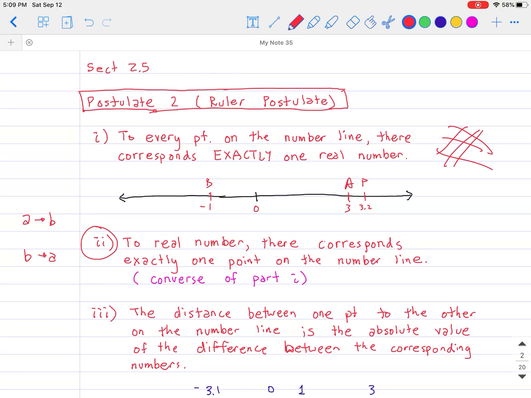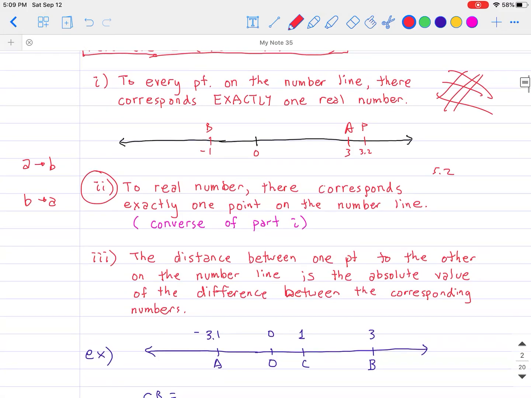And in this case, the converse is actually true because if I take any number on the number line, I should be able to call it one single point. So if I have, say, the number 5.2, there should be only 1 point on the number line that is assigned to that number 5.2. Or if I say the number 0, there should be only 1 point on the number line that is assigned to that number 0. Okay, so those are converses of each other.